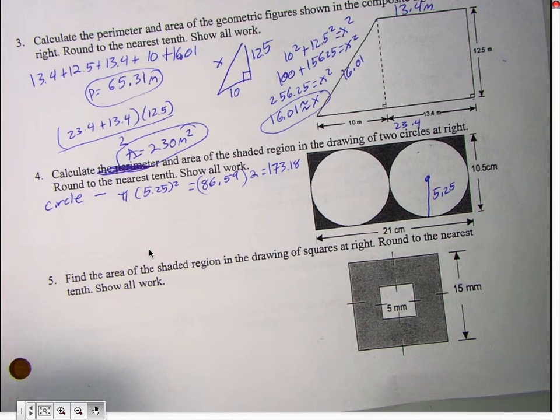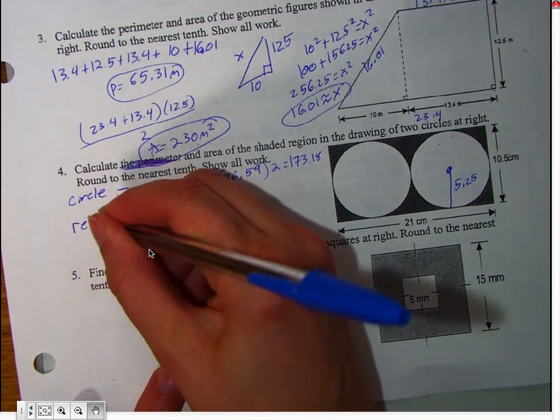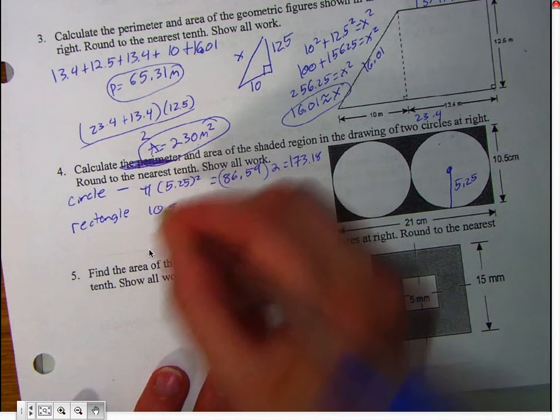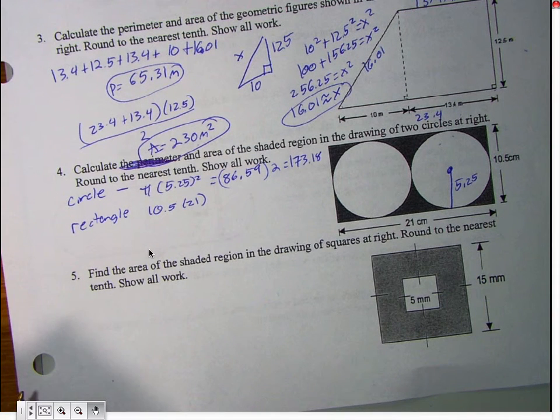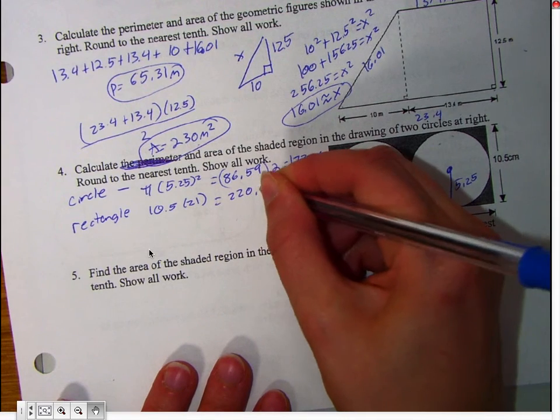Anybody have any ideas? Yes, Michelle? Would you find the area of the rectangle and minus? You would. That sounds like a great plan. So the area of the whole rectangle, so it's 10.5 times 21, length times width, right? Base times height, whatever you want to call it. Giving us 220.5.